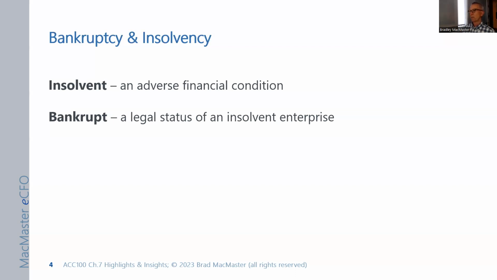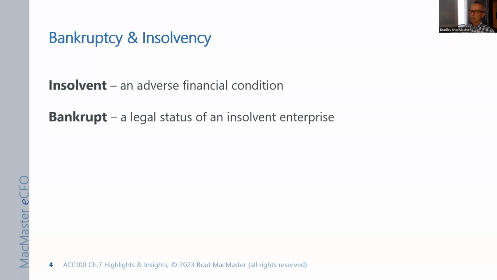Number two, employees get to recover a limited amount of their salaries or wages owed. Number three is the taxation authority like Revenue Canada. Number four is secured lenders. And number five is the general unsecured creditors, which include companies that are selling goods and services on credit.